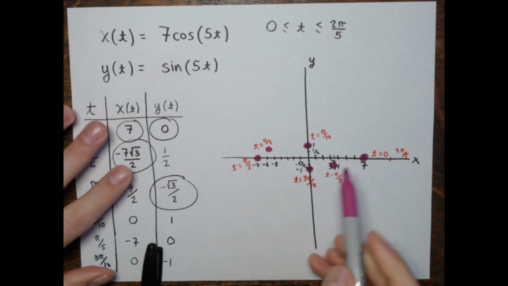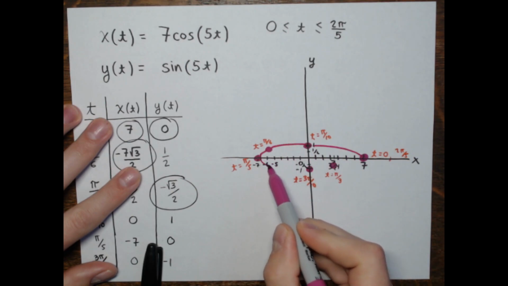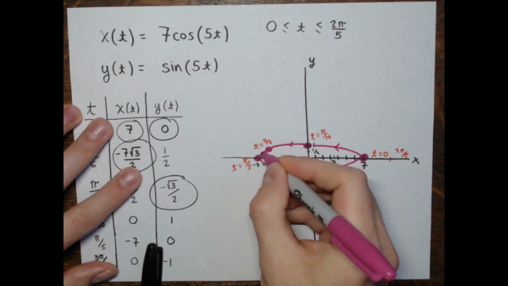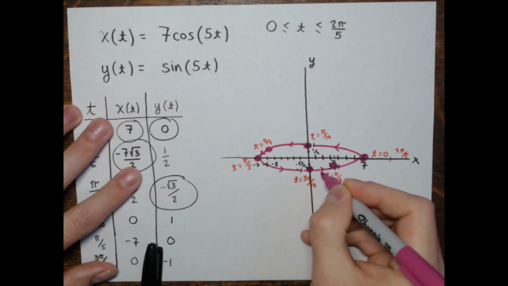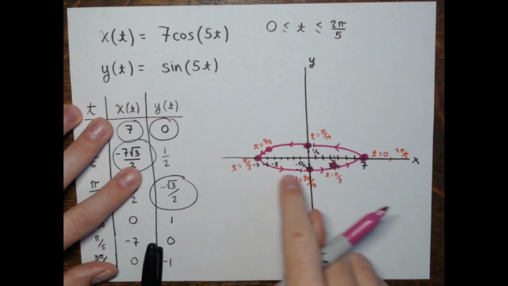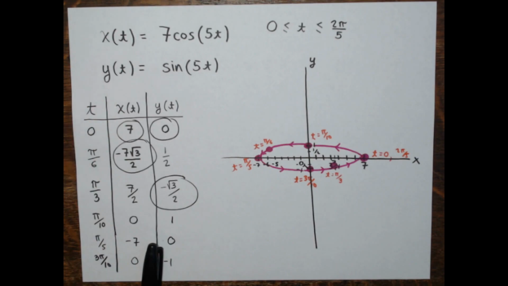And if you were to plot more and more points, look at the way this is going here. The graph is doing this as the value of the parameter increases. And usually they put little arrows on things, the orientation, to tell you which way something's going. So as t increases, we're going around in this oval shape. It's actually going to be an ellipse. We'll talk about eliminating the parameter later.